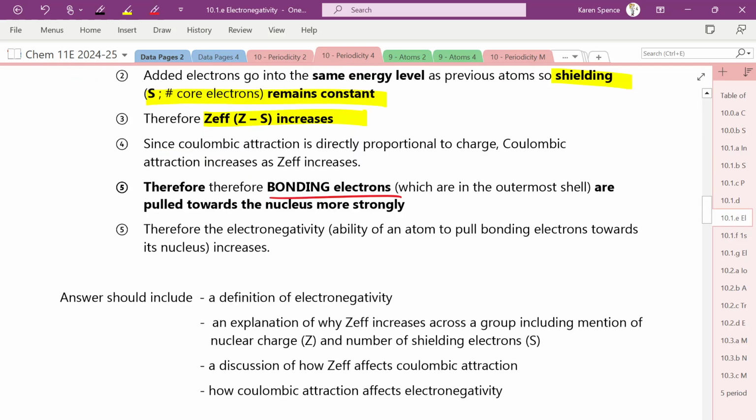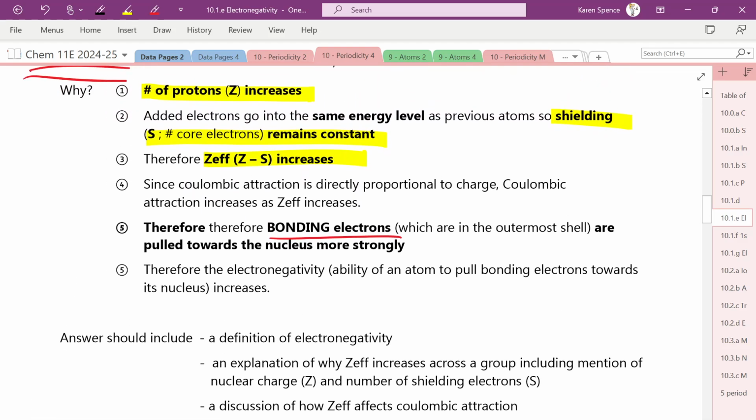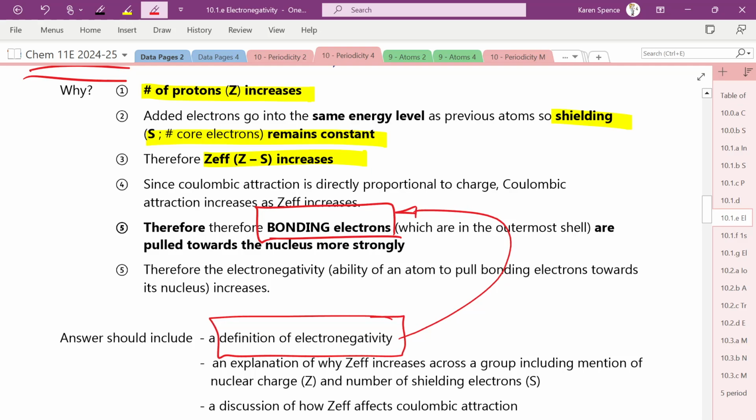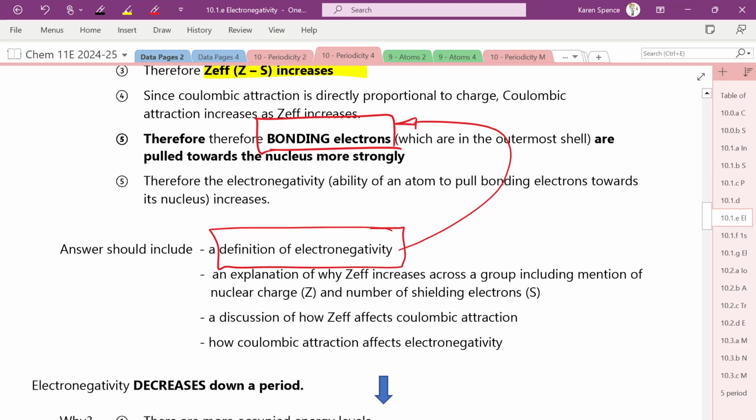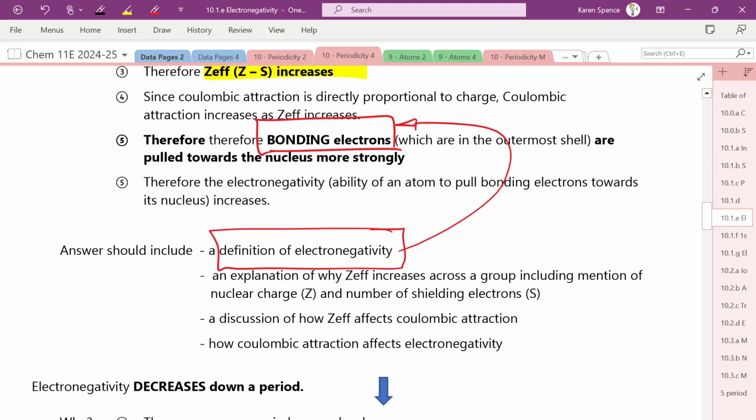So you're looking for a definition of electronegativity in your explanation, which means you're talking about bonding electrons and not just any old random valence electron. Does that make sense? I feel like I've talked about all of this already today. So are we good? Okay, good.